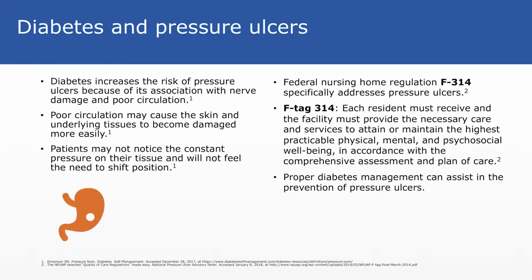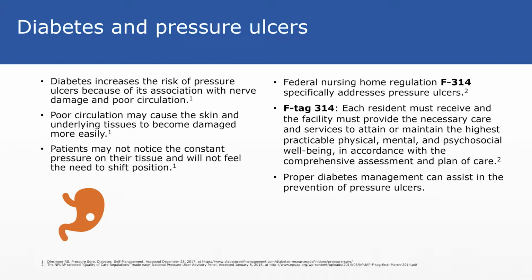Poorly managed diabetes can cause poor circulation and nerve damage over time, resulting in a loss of sensation, feeling, or pain for the patient. As a result, patients with diabetes may not feel the need to shift position as often as necessary, causing constant pressure on their tissue, resulting in pressure ulcers. Federal Nursing Home Regulation F314 specifically addresses pressure ulcers.